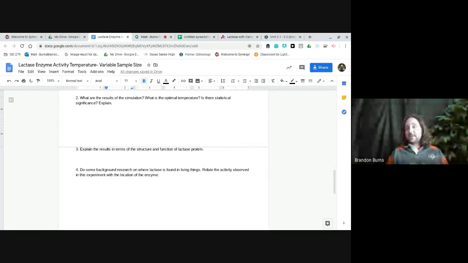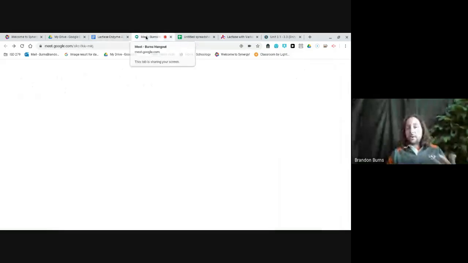Enzymes have evolved to work in very specific parts of the body, or of living things, and because of that, they function in a narrow environmental range because they have evolved to do that.